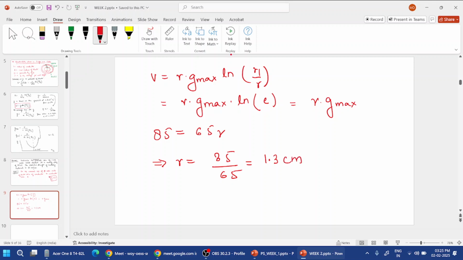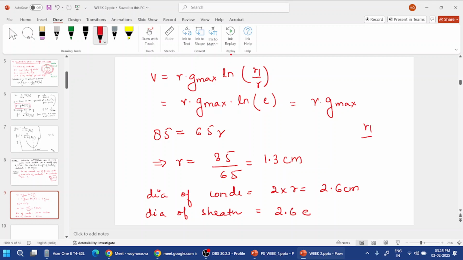And the dia of the conductor will be 2 times R, which is 2.6 centimeter. The dia of the sheath will be 2.6 times e, because we know R1 by R is equal to e, and we just calculated R. If we multiply it by e, it will give us the value of 7.07 centimeter.